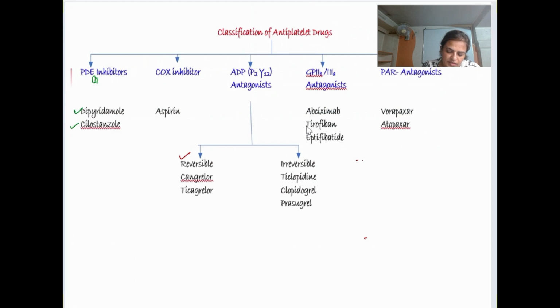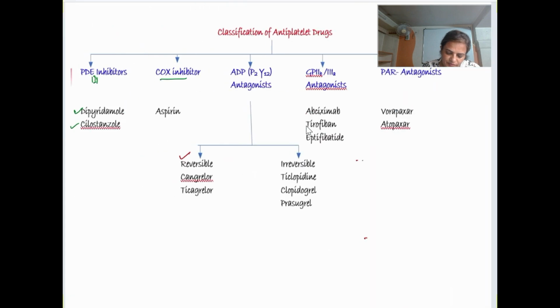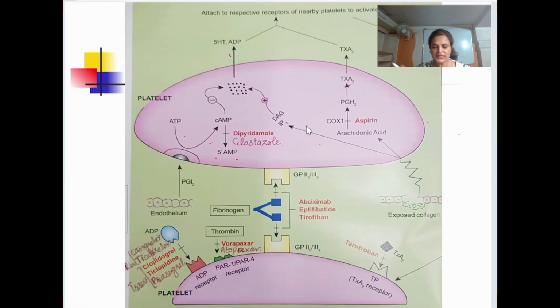And then another drug is the COX inhibitor. Here comes your aspirin. Okay. So now how is aspirin going to act? It is a COX inhibitor. This was your number 1 drug, and this is a number 2 drug. Now aspirin is going to inhibit the cyclooxygenase. Importantly, aspirin inhibits this enzyme irreversibly.